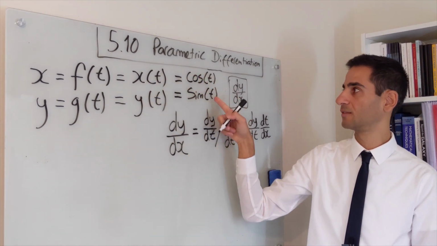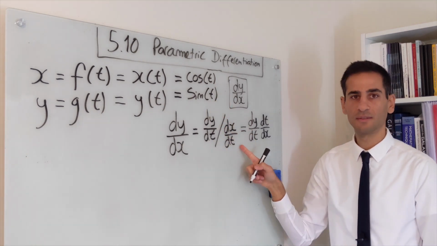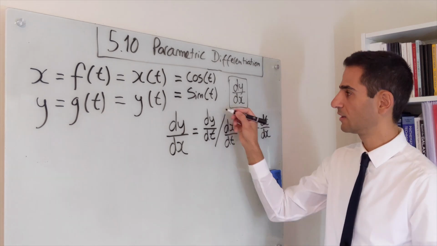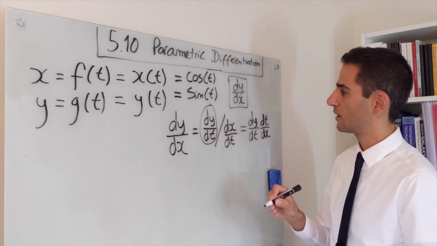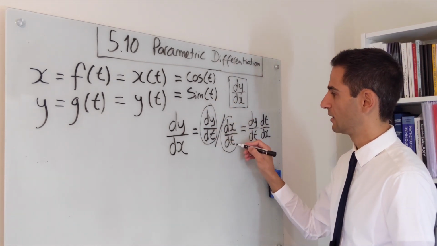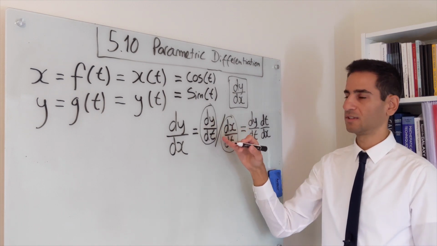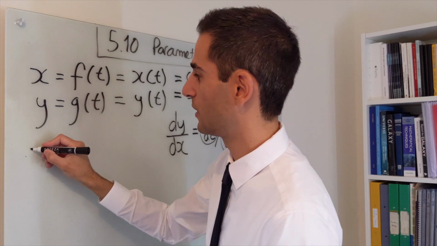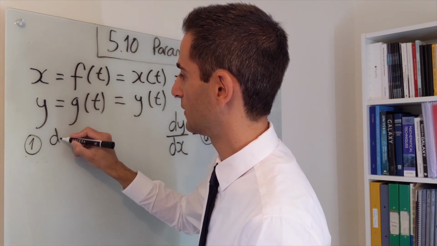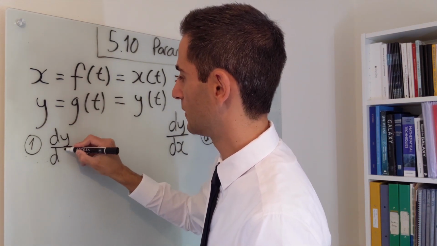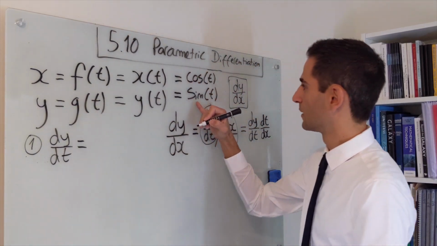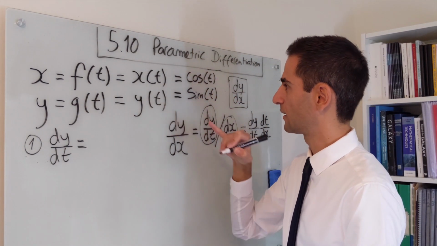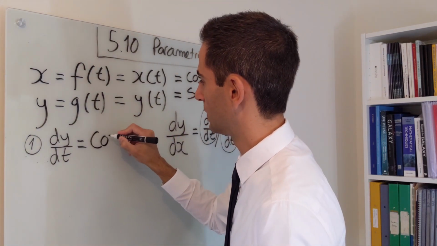They're defined in terms of the parameter t, but we can use parametric differentiation to do that. And the two key ingredients are dy/dt and dx/dt, and then we just need to divide. It's relatively straightforward. So step number 1, we calculate dy/dt, the derivative of sine t with respect to t is cos t.